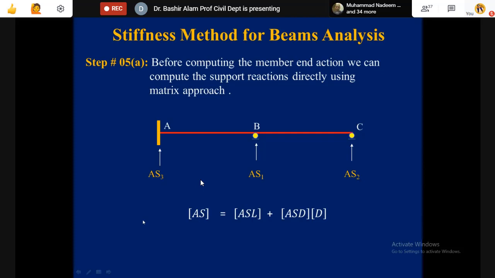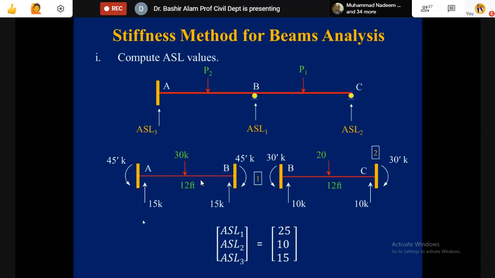Yes, sir. Okay. Now, this is my next slide. Now you see here, ASL1 corresponding to this B now, whatever support reactions are coming, that will become my ASL1. This is ASL2 at C, and at A, it is ASL3. From the same location. Now you see the numbering, it is corresponding to AS1, AS2 and AS3.